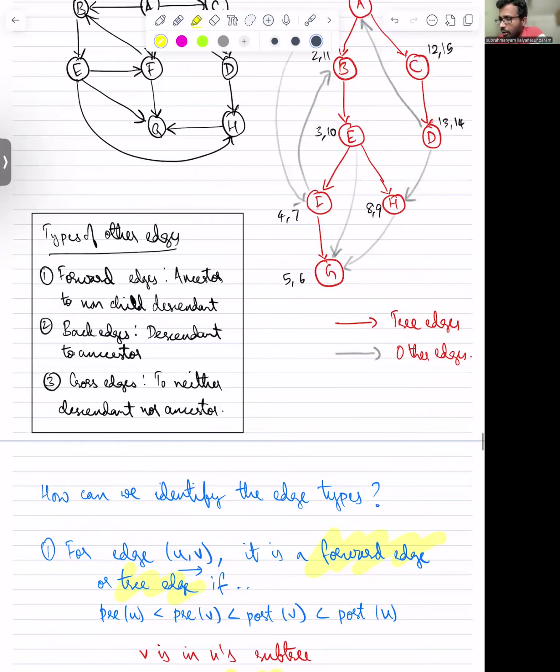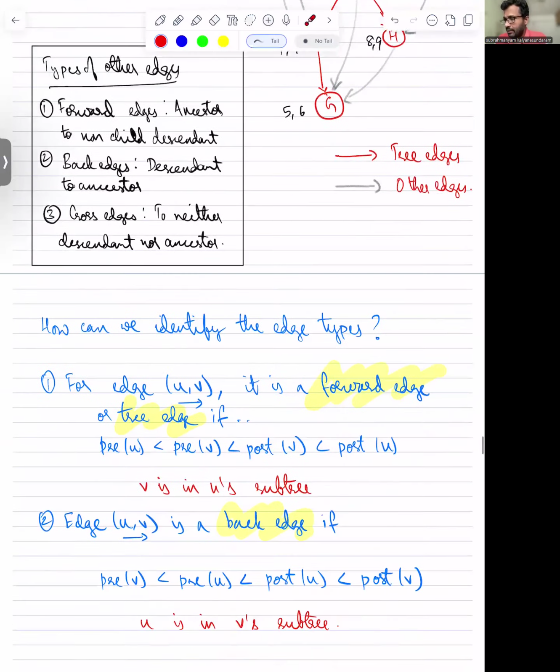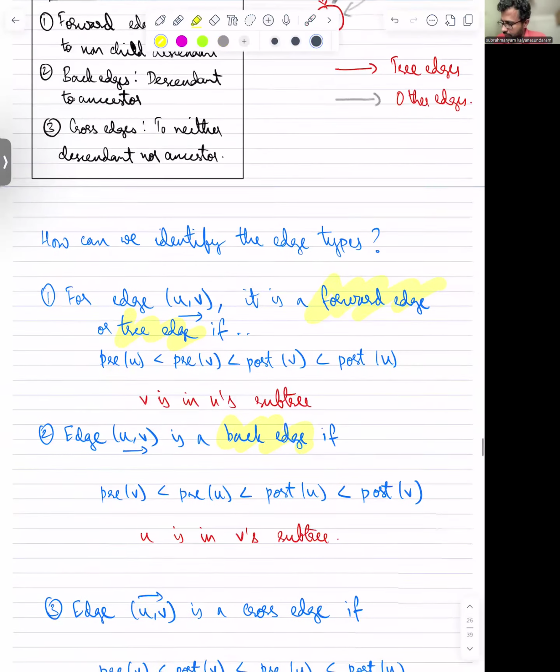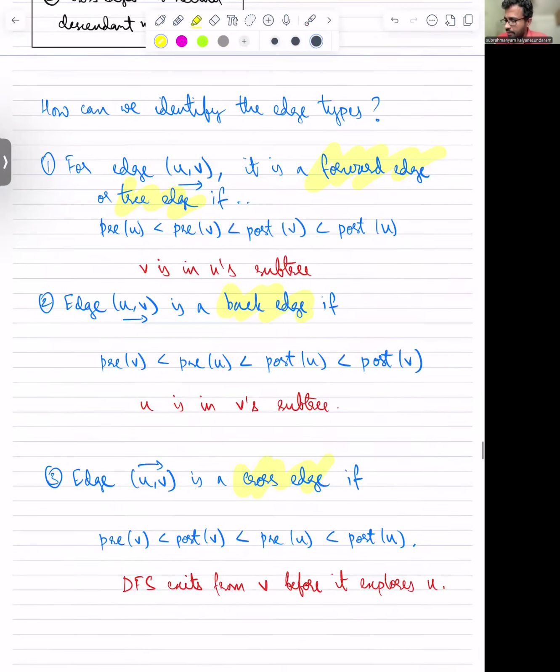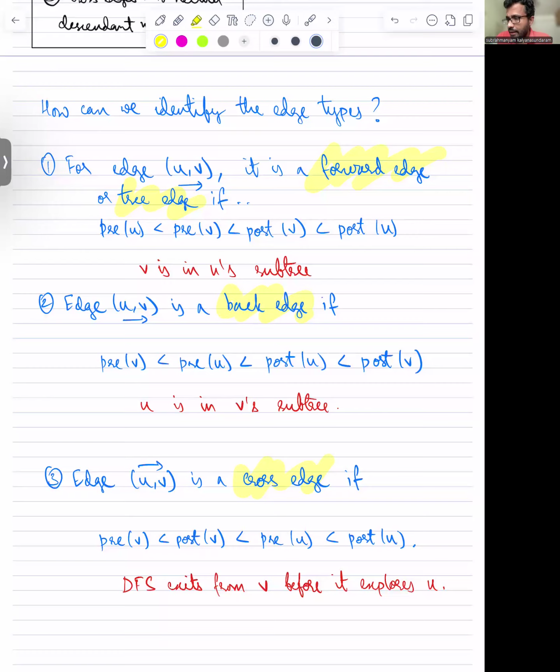And in the case of a cross edge, let's see what happens. Let's say this is UV. You have pre-V and post-V, followed by pre-U and post-U. So they're disjoint, and U comes after V. For a cross edge, we complete the exploration at V, so pre-V is less than post-V, and then we complete the exploration at U. So pre-V, post-V, pre-U, post-U.